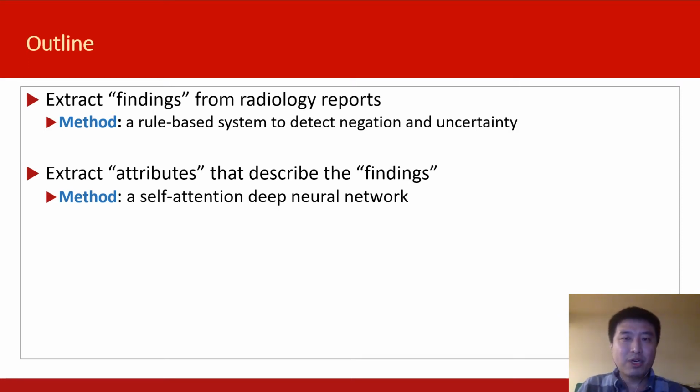And in the second project, we want to extract not only the findings, but also the attributes that describe those findings. Some examples of attributes include the size of the finding, the location of the finding, or the severity of the finding. So I will describe how we use deep learning-based methods to extract those attributes to construct a labeled dataset with richer information.